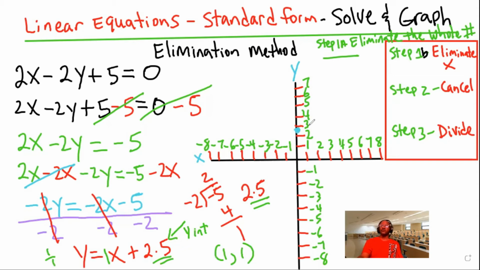So that just means you go over 1, up 1, make your dot. Over 1, up 1, make your dot, and so forth. And so that's how this particular graph should go. Okay. So we'll go ahead and mark this graph, and it should go something like that. Okay. So if you got that, give yourself a round of applause.